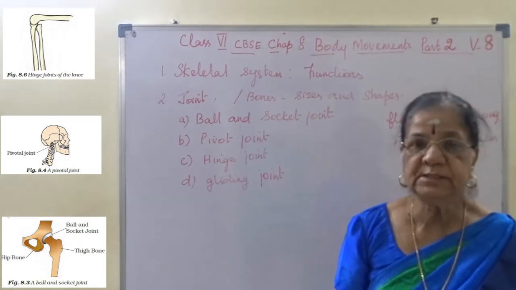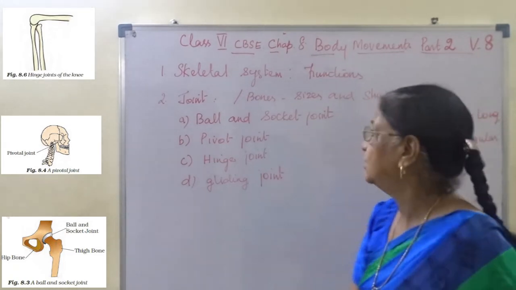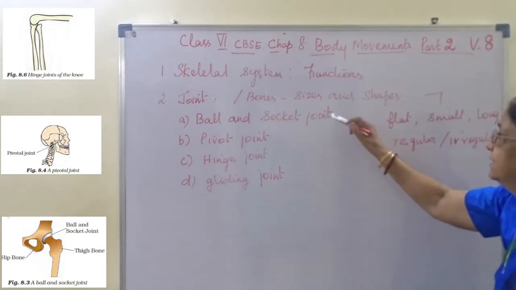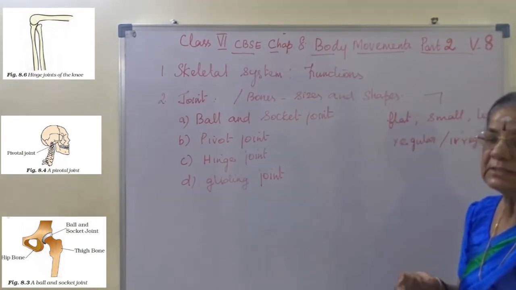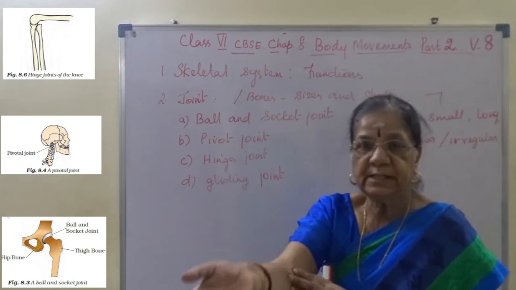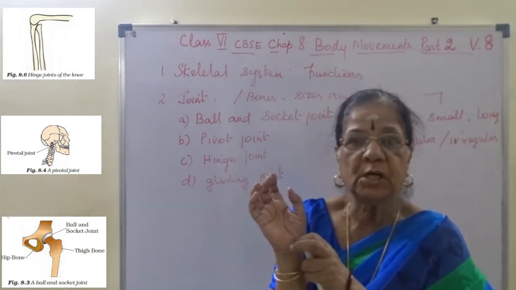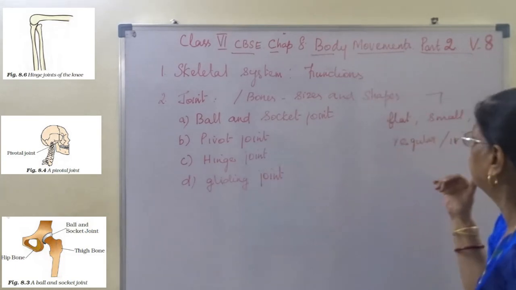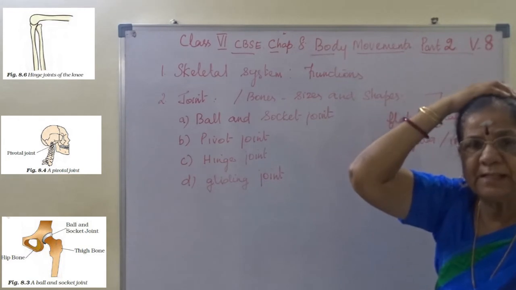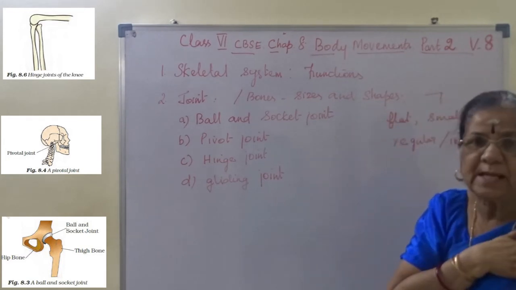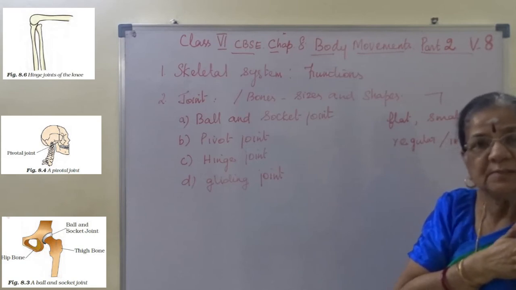All these skeleton bones have different sizes and shapes. In the hand we have long bones, whereas in the wrist there are small bones. Some bones are flat, like the chest flat bone, and the girdle, the scapula, is a flat bone.